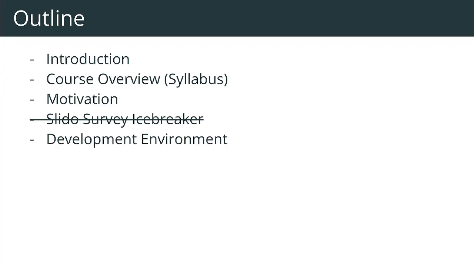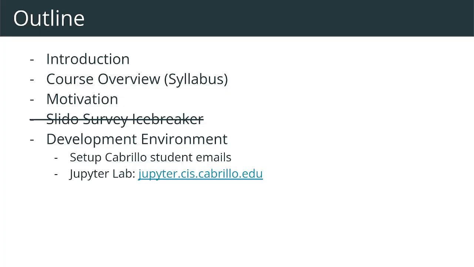Okay, we set up the development environment. Hopefully by this week, folks have set up their Cabrillo student email and are able to connect to this server. Please reach out to me if you're having trouble. If you're having trouble connecting to your Cabrillo student email, the last resort is to contact the CTC.